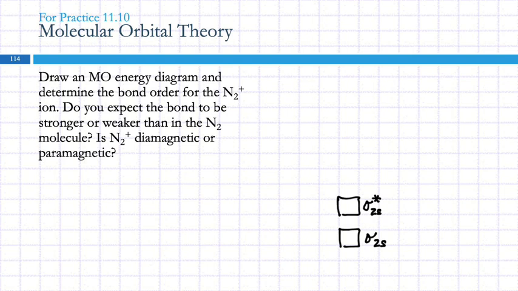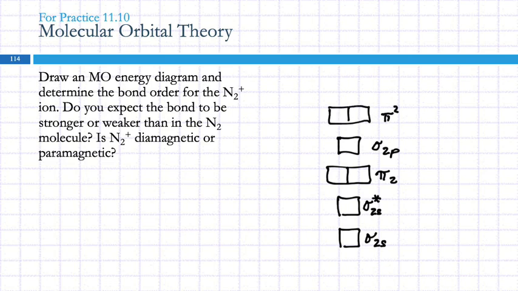And then nitrogen is the be careful now, so it's kind of backwards. So it's got its pi 2p down here, and then it's sigma 2p, and then it's got pi star 2p, and sigma star 2p.